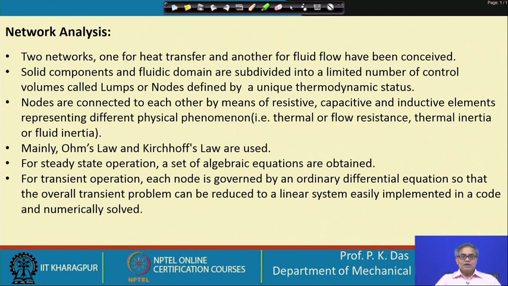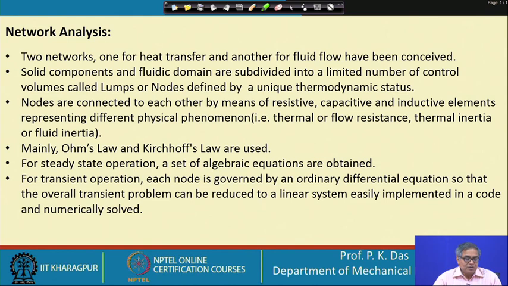One is purely for the transport of thermal energy and another for the transport of fluid, that means this liquid and vapor, and there should be coupling then between these 2 networks, that means fluidic network and heat transfer network, there should be some sort of a coupling. Then solid components and the fluidic domain are subdivided into a limited number of control volumes.